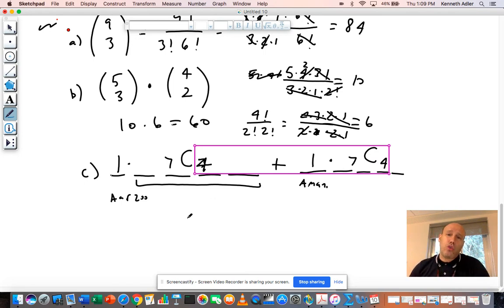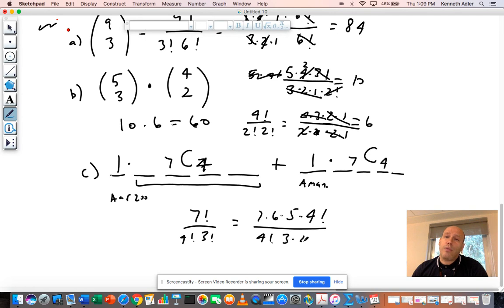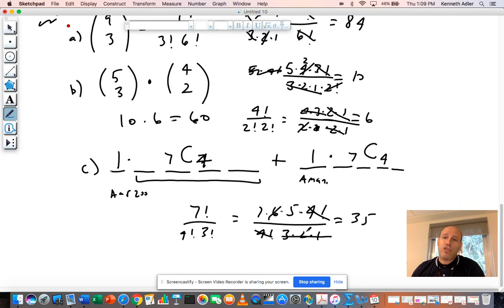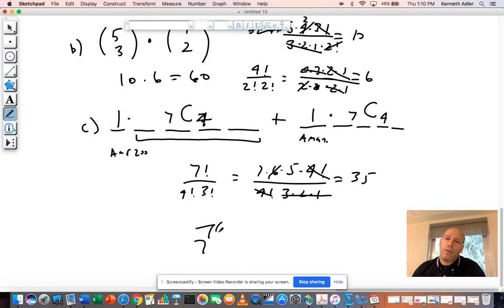Well, what's 7 choose 4? 7 factorial over 4 factorial times 3 factorial is 7 times 6 times 5 times 4 factorial over 4 factorial times 3 times 2 times 1. 4 factorial goes out with 4 factorial. 3, 2, 1 goes out with 6. It's 35. Final answer, 70. Okay, work on 1D.